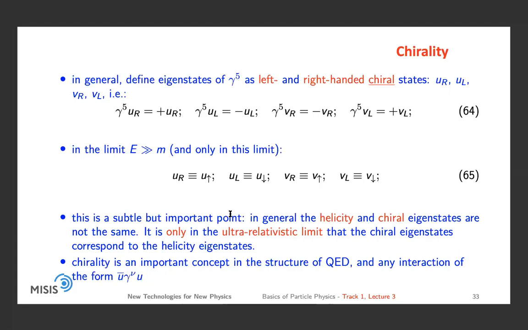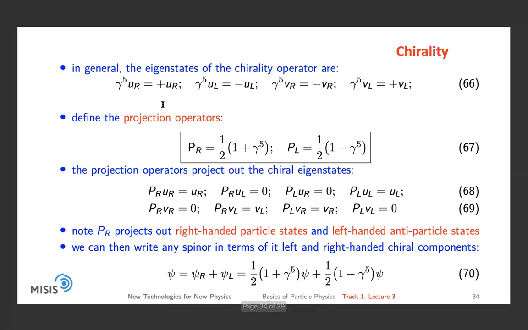So this is a subtle but important point. In general, helicity and chiral eigenstates are not the same, and only in the ultra-relativistic limit of massless particles do they become identical. Chirality is an important concept in the structure of QED and any interaction of this form. Why so? You can see it if you define the projection operators.